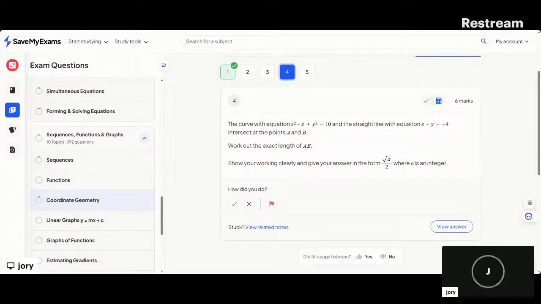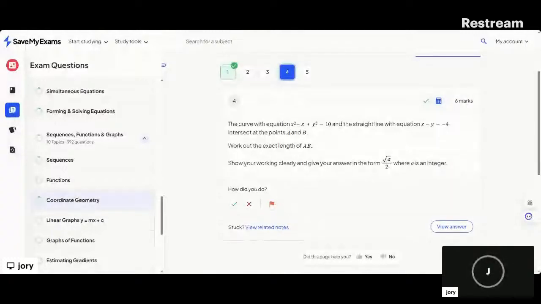We need the length, so we're using the distance formula, which is the square root of x2 minus x1 plus y2 minus y1. 5 divided by 2 plus 3/2 is 4 plus 2 minus 2, which is 4. It's 8. Square root of 8.